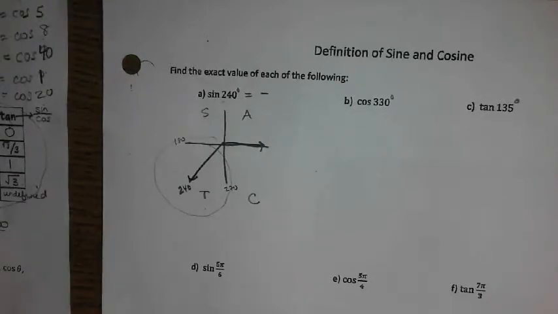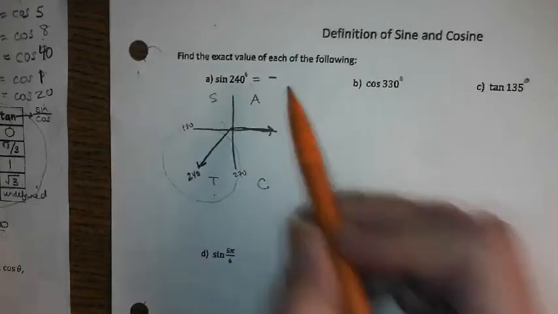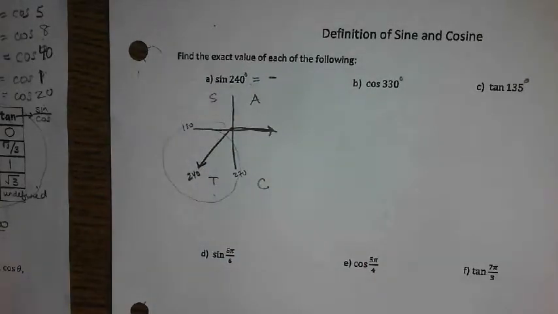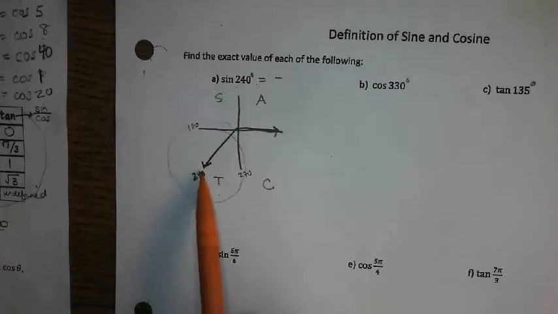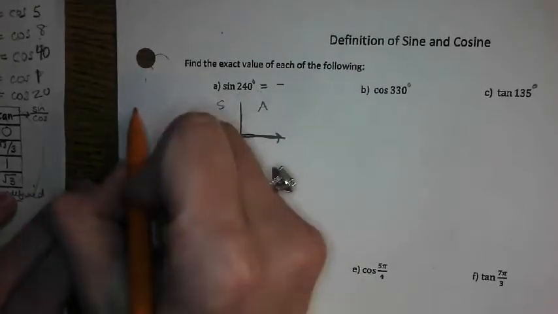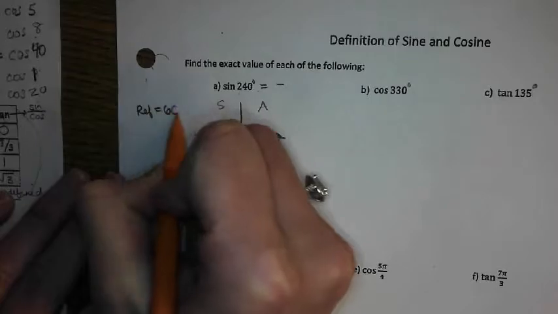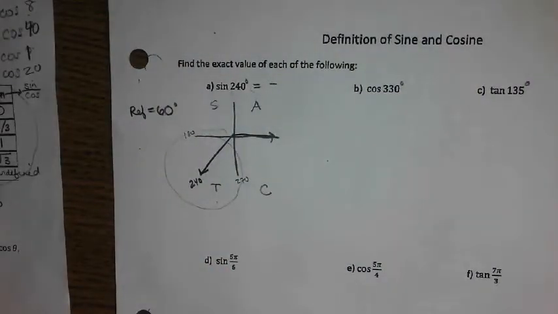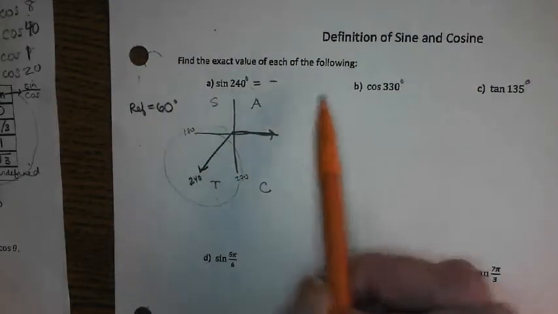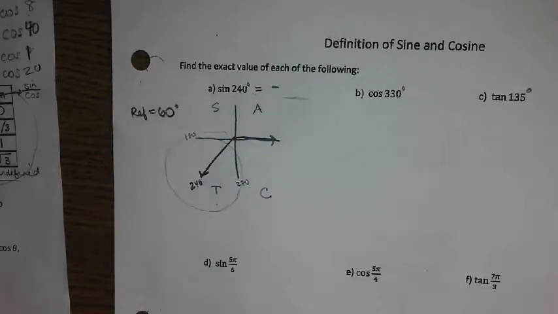So start there. Now for the value. The value that we negative what is going to come from the reference angle. What is the reference angle of 240? Reference equals 60. So whatever the sine of 60 is, that's the number we're going to take.